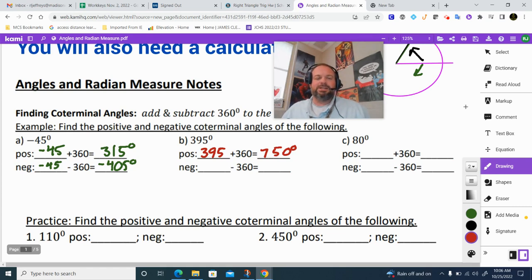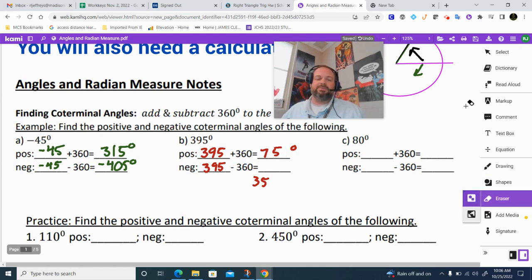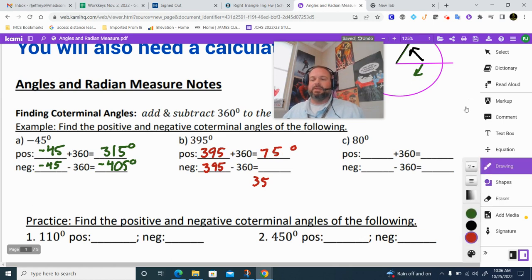If we were to take 395 and subtract 360, what would we get? 35. Yes, we get 35.